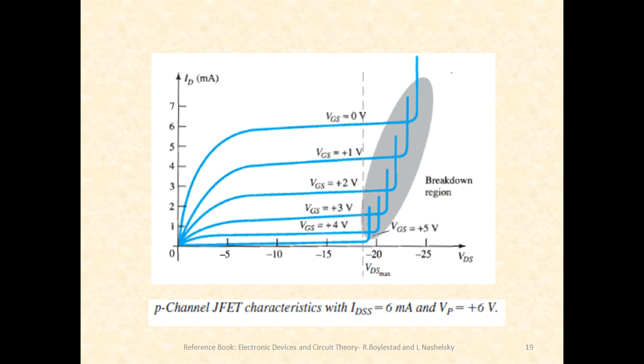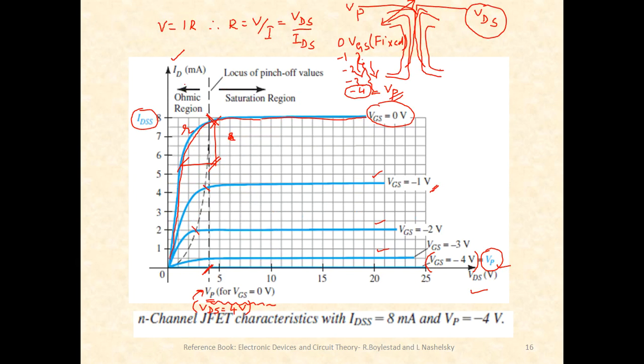Okay, so you can just go through this, understand it, analyze, and then you can interpret the things. One important thing which happens in the case of a P channel JFET, it also happens in the case of N channel also, but just to put the things in a very clear way, just observe. Let me just go back to the previous N channel characteristics.